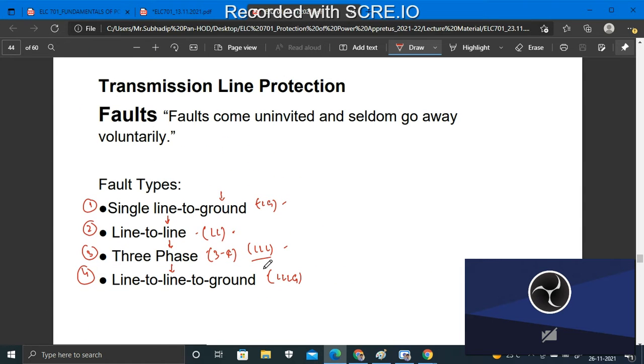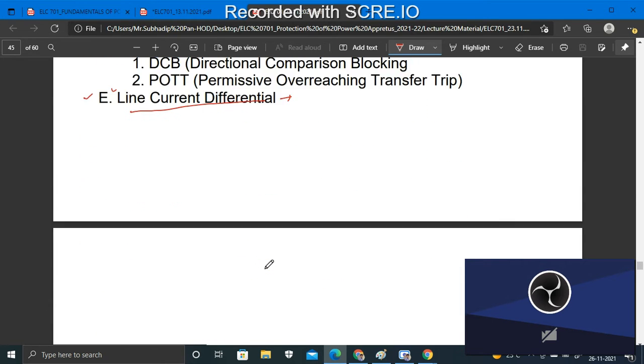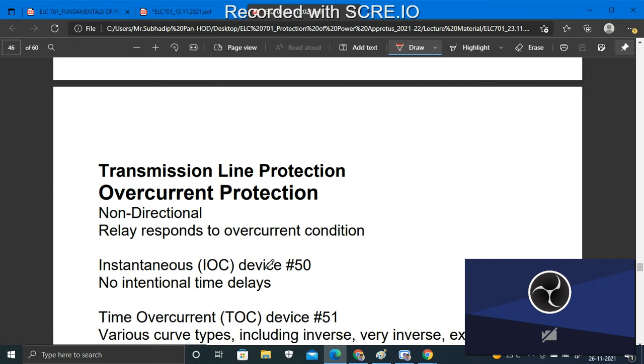Now we need to understand the overcurrent protection of each branch of a radial distribution system, and how to overcome it with the overcurrent protection schemes. We already discussed that in the previous lecture.